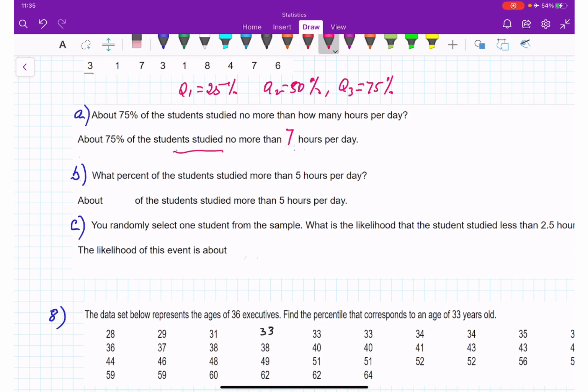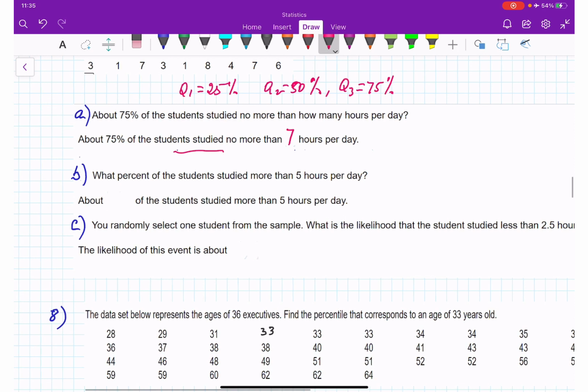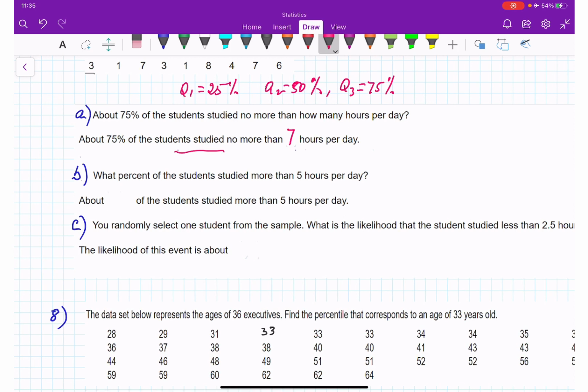Question B. What percent of the students studied more than 5 hours per day? More than 5 hours per day. Now, 5 is going to be, one second, question number 7. I'm opening my Excel spreadsheet and I will show you.